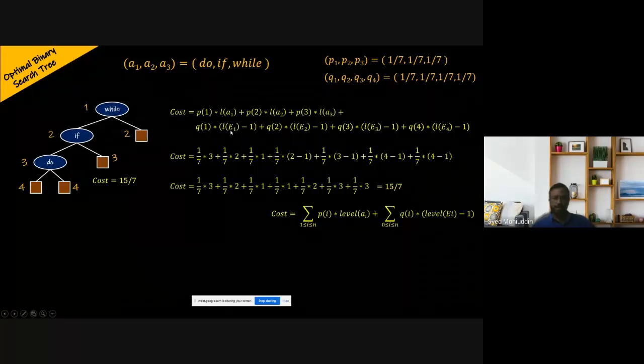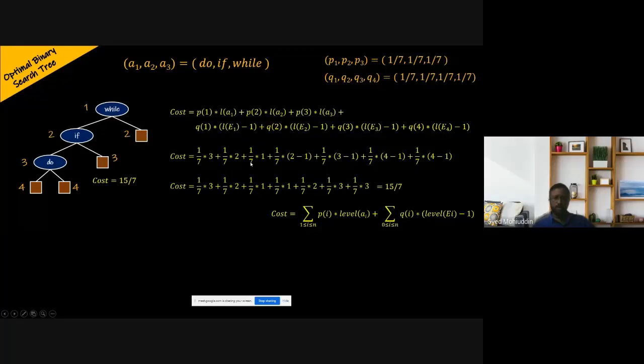The first external node is over here, at level 2, so 2 minus 1, plus 1 by 7 multiplied by the second external node, 3 minus 1, plus 1 by 7 multiplied by 4 minus 1, and the fourth external node is this one, which is 1 by 7 multiplied by 4 minus 1. Now this gives us the total as 15 by 7. So this is the cost of this binary search tree, that is 15 by 7.